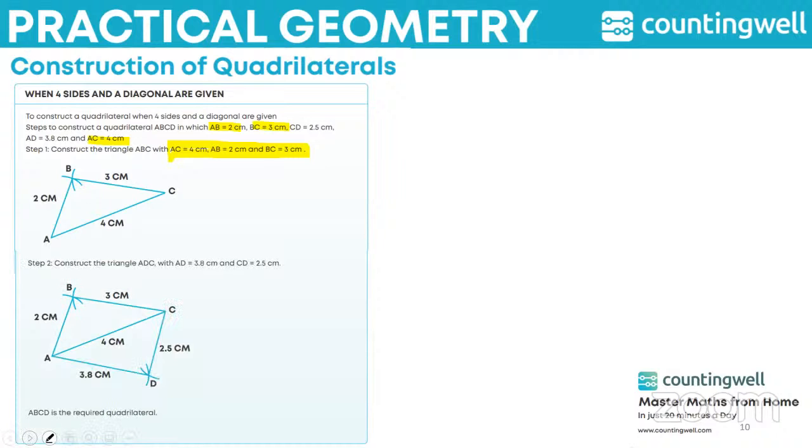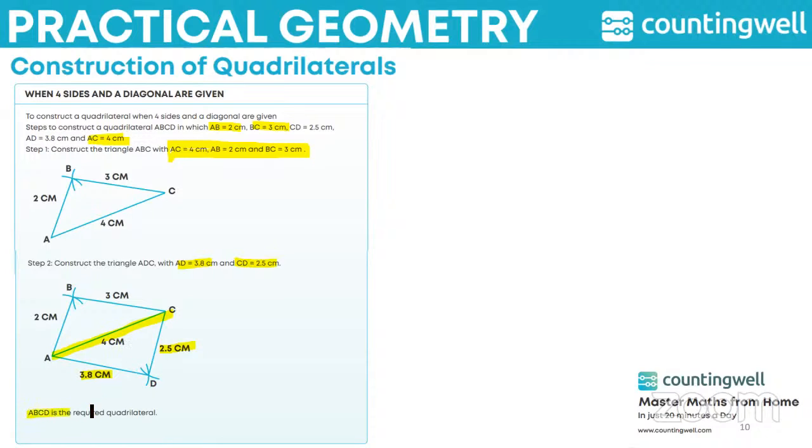Next, what we will do, we will construct two more sides. So this will be AD equal to 3.8, CD equal to 2.5. Note that AC is nothing but the diagonal. AC equals 4 centimeters, nothing but the diagonal.